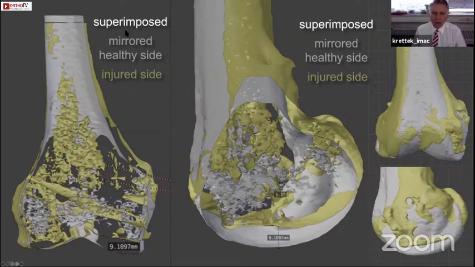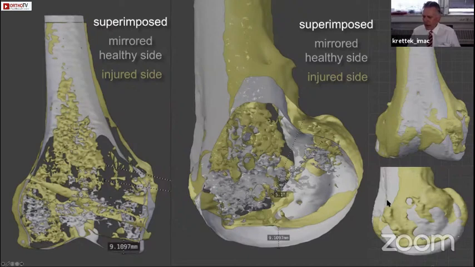So we have superimposed the 3D data sets from the healthy side, and the healthy side is gray and the injured side is green. And so we see very nicely that we have a shortening of almost 10 millimeters in both planes.